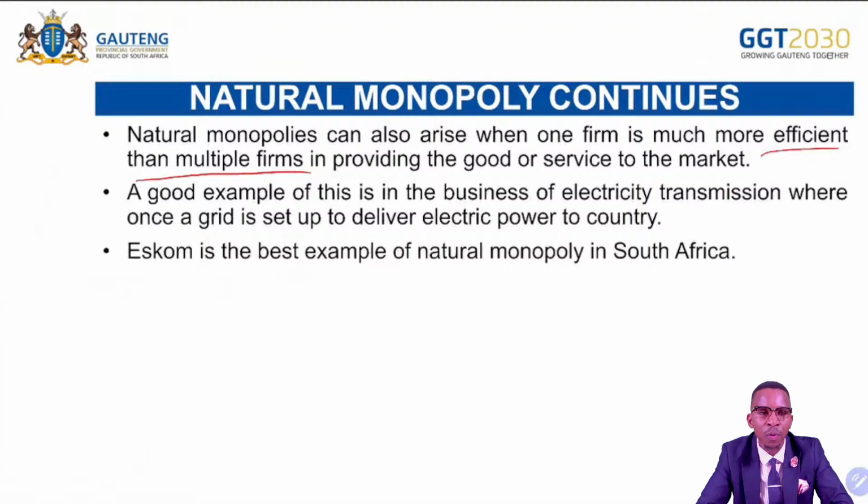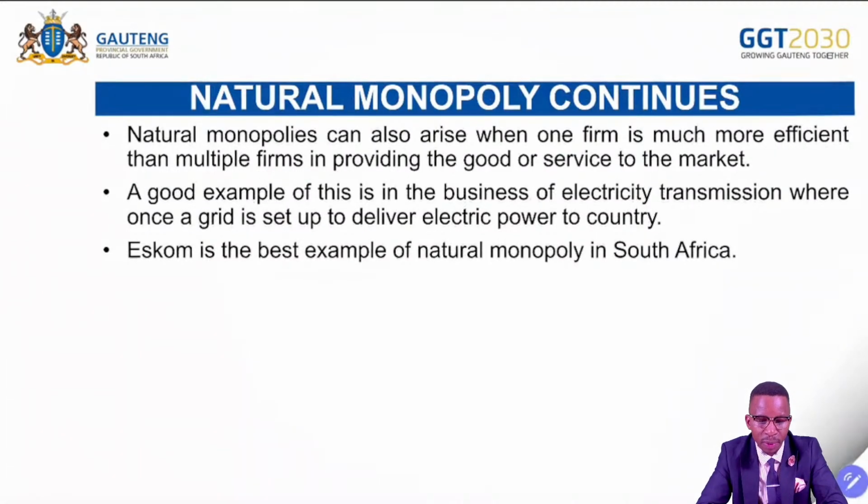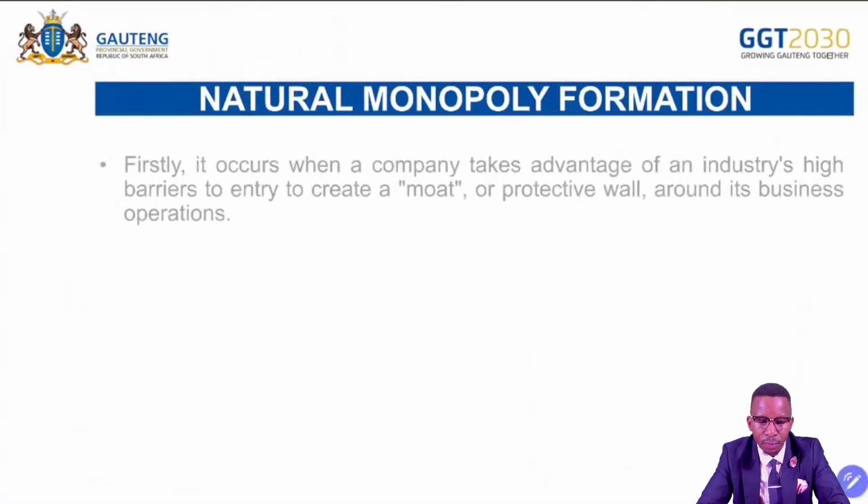But if we move to maybe solar energy, that will mean some other businesses and industries can come on board and supply electricity. But so far, we regard Eskom as a natural monopoly because the barriers to entry are economic in nature, and also there is a high level of infrastructural cost and startup cost that is required for one to enter the market.